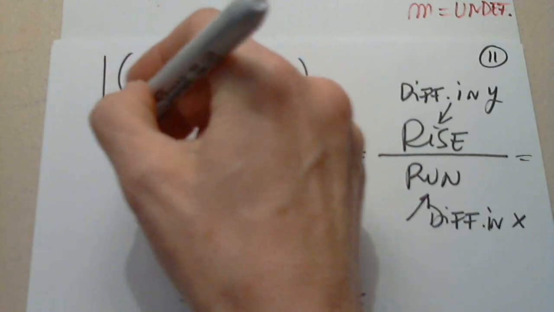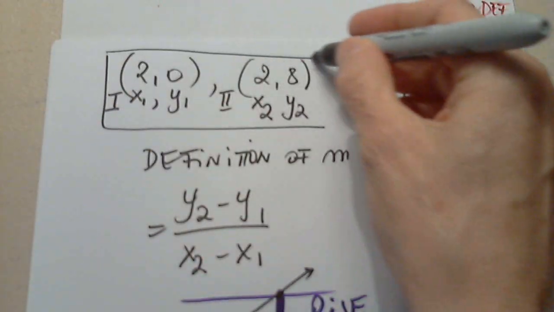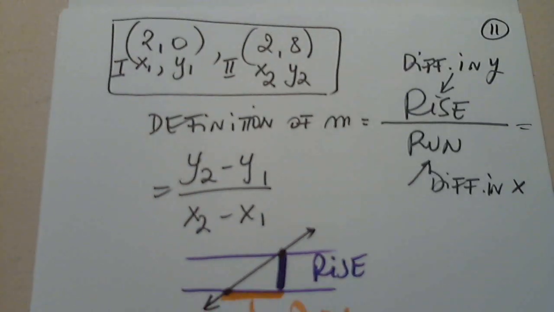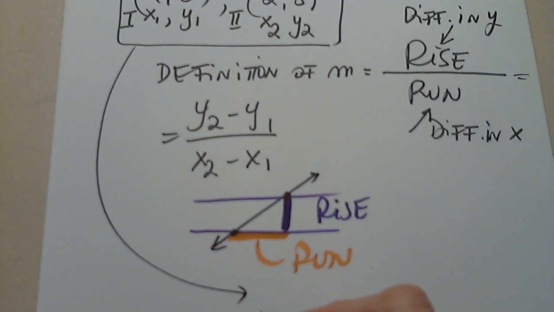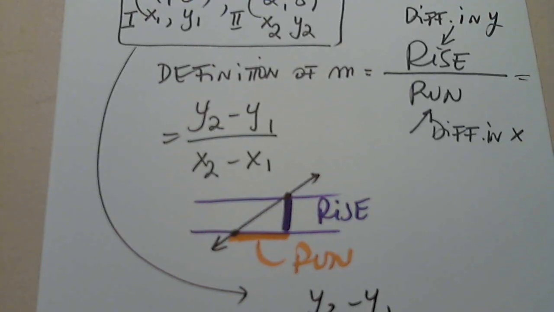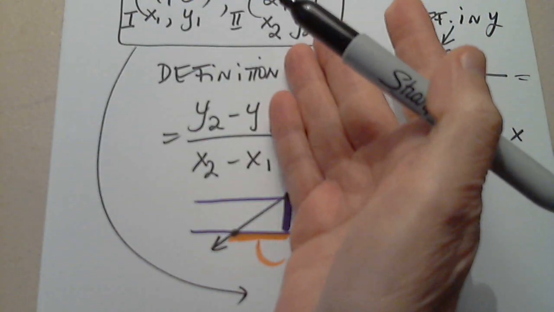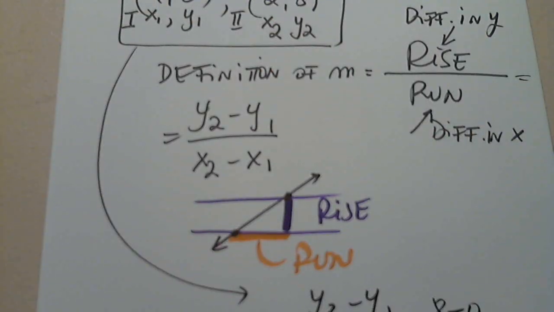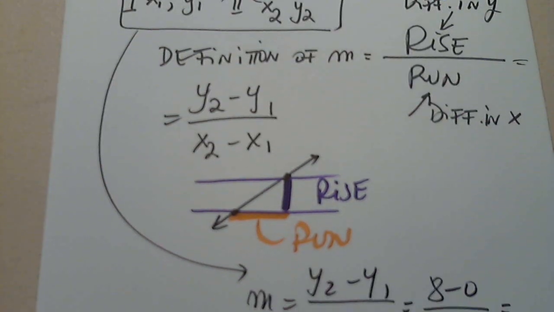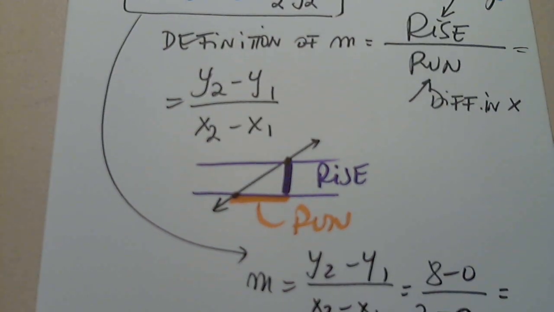So we know that 2 points define a line. But I want to find the slope. So to find the slope, I write y2 minus y1 over x2 minus x1, and I copy 8 minus 0 over 2 minus 2. How much is the rise?